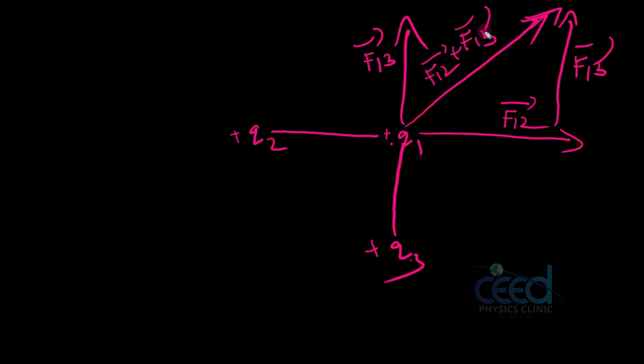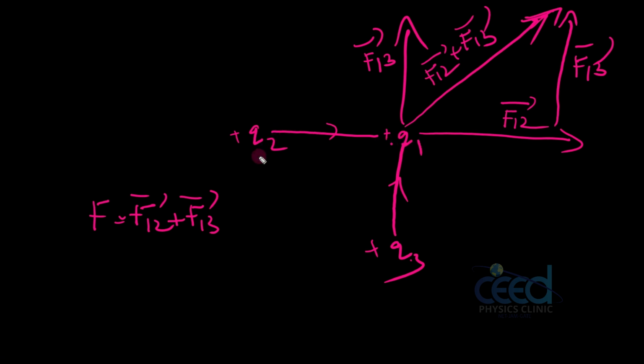So here it is clear: you have a particular charge Q1 and there are another two charges, and when you find the resultant force, you get F12 plus F13. That means if you have a number of charges, then the net force on a particular charge Q1 is equal to the sum of the forces experienced by all other charges on it.